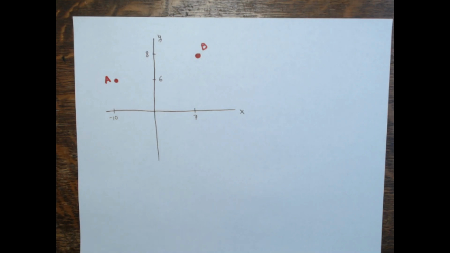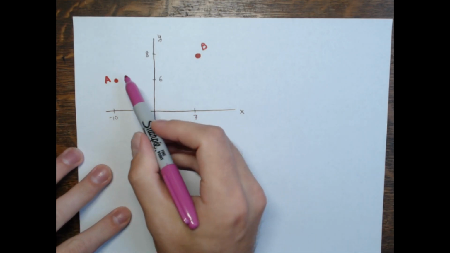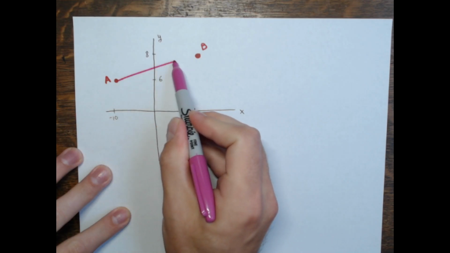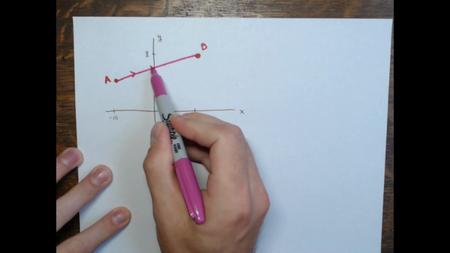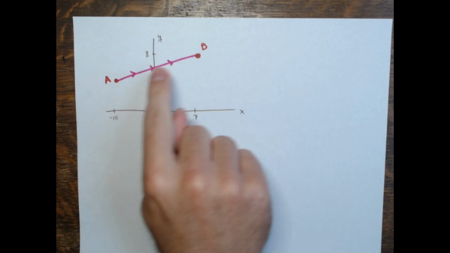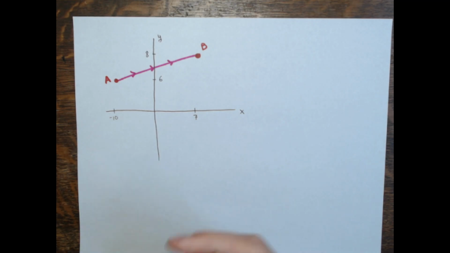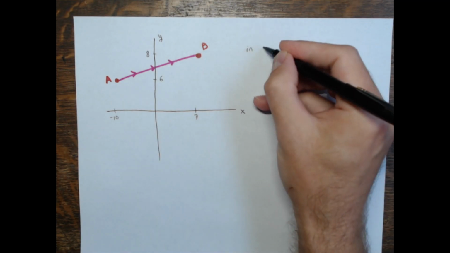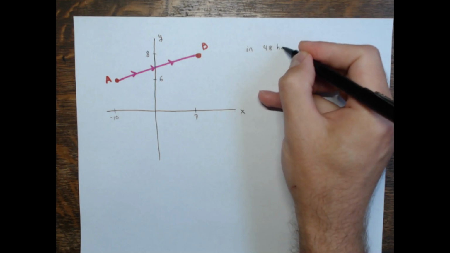The objective had the words given orientation. Here's the orientation of this curve. We're tracing out this segment, moving in that direction from point A to point B at a constant speed, and this is in 48 hours.